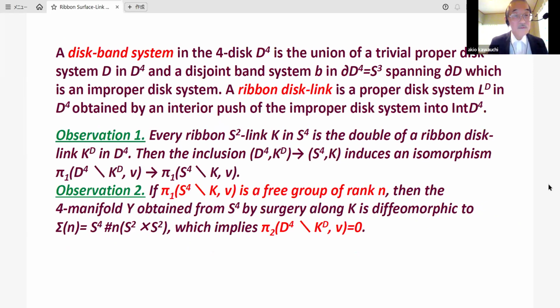A disk bound system in the four-disk D^4 is the union of a trivial proper disk system D in D^4 and a disjoint bound system B in the boundary 3-sphere, spanning the boundary trivial loop system boundary D, which is an improper disk system.